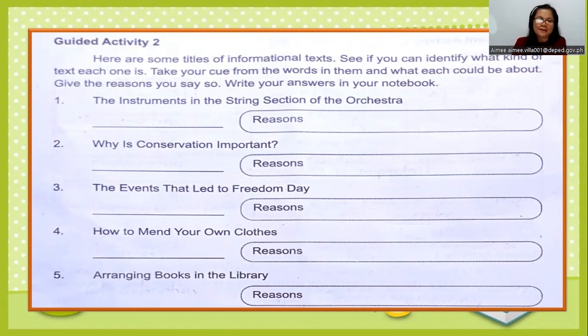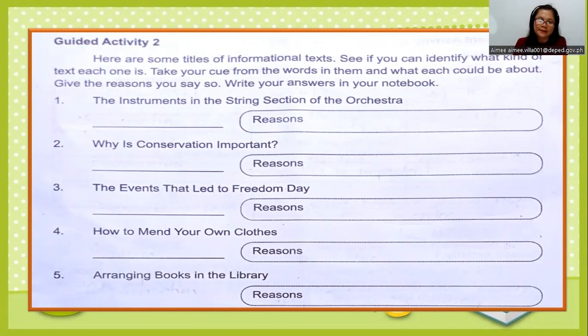Number 3, the events that led to Freedom Day. Very good. Sequence or time order. What's the reason? What happened during this time will be given in order, from the first that happened, then next, until the last.